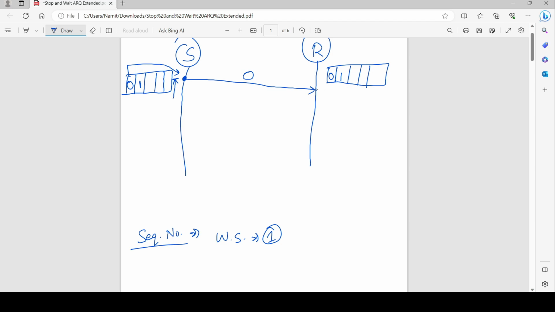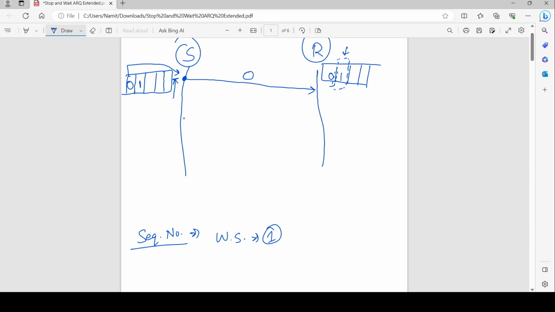Now the moment the receiver has received it, earlier the receiver was expecting this first one. Now the receiver has received this one, so it slides its window to the next one, like this.